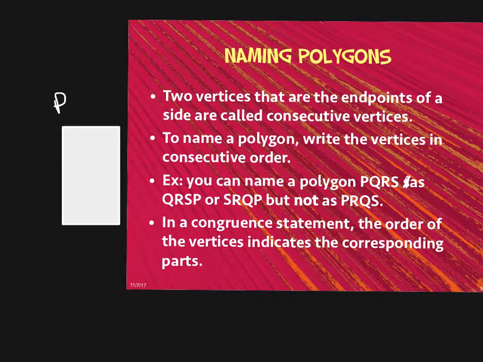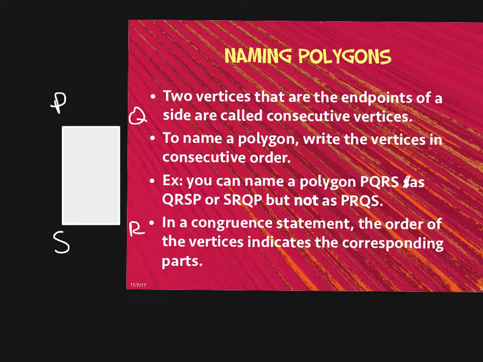Okay, so let's say it is P, Q, R, S. I can go in any order as long as it goes consecutive, which means I can start with the P, come around to the Q, then to the R, then to the S. I could name it that way. Or if I start with the Q, then go to the R, then the S, then the P. I could start with the R and go from the R to the S to the P to the Q. Or let's say I started with the S. I could also go S to the R to the Q to the P, that direction.